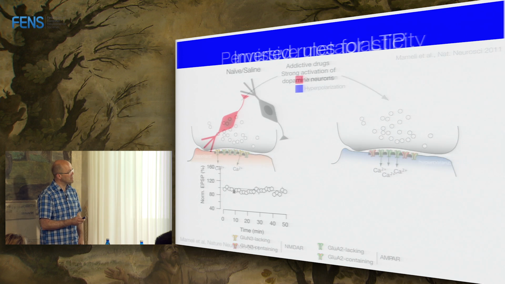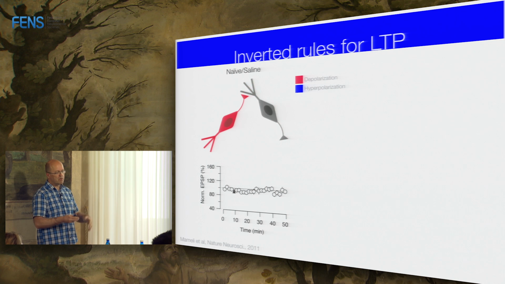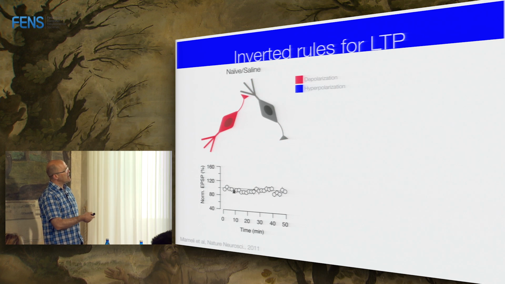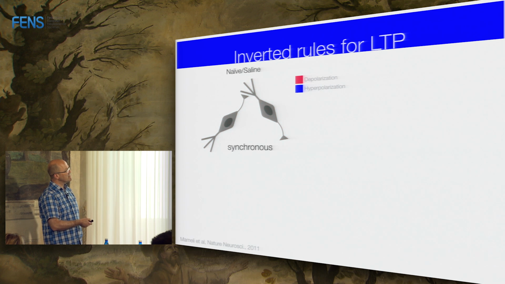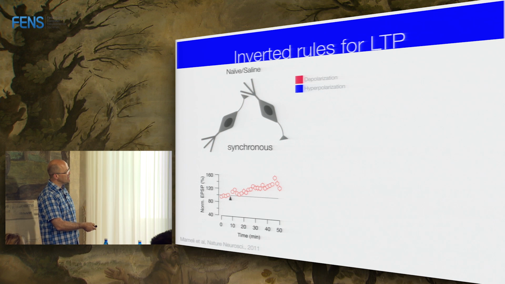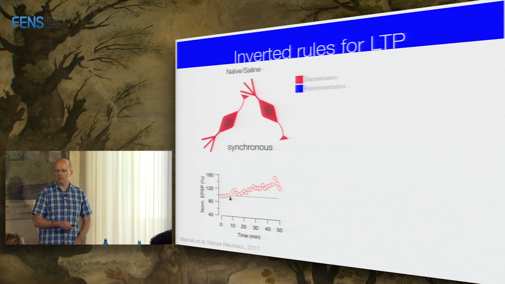And this is exactly what he saw. Here, he uses a spike timing dependent form of plasticity. In the naive, if you have dysynchronous activity of these, you do not get any changes. Now you depolarize the postsynaptic neuron synchronously when you activate the presynaptic, so the activity arrives on a depolarized neuron and you have the potentiation.